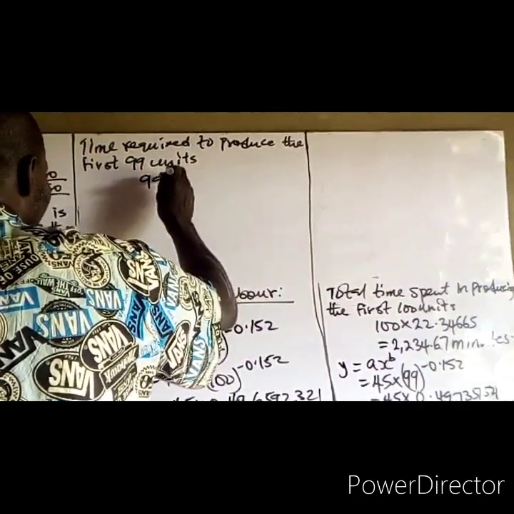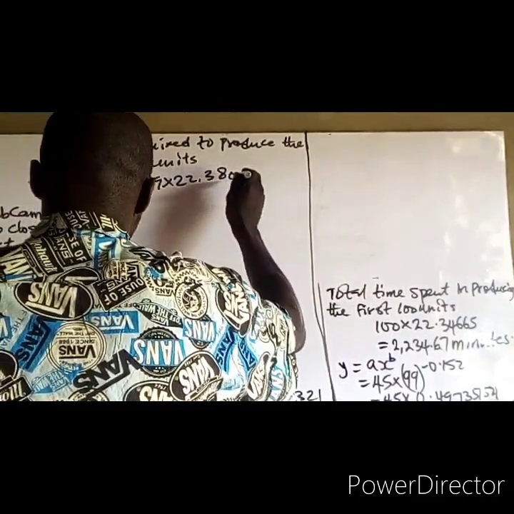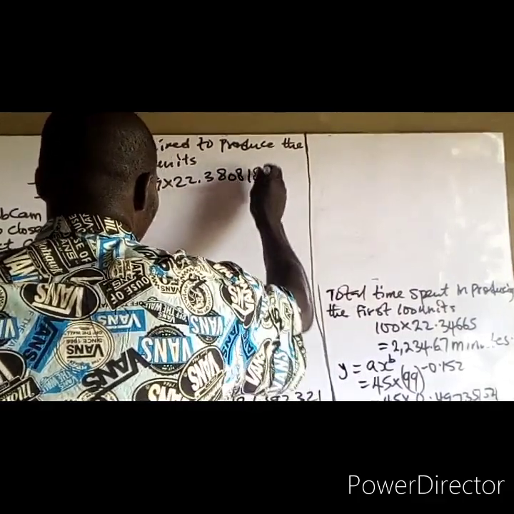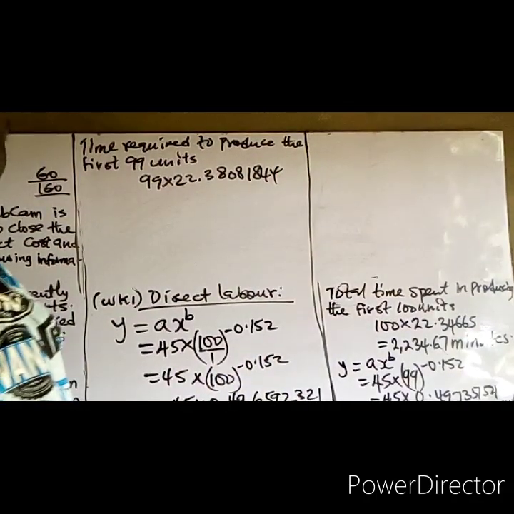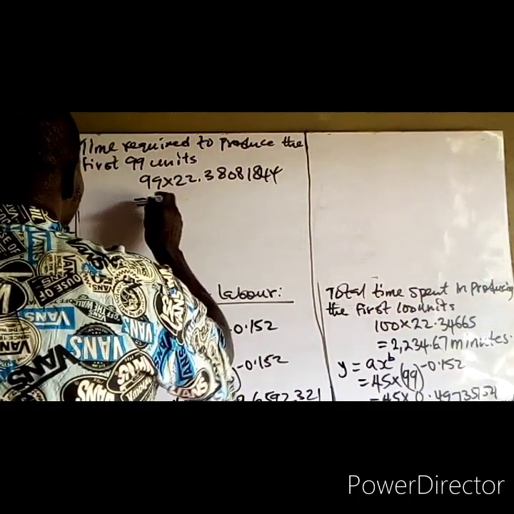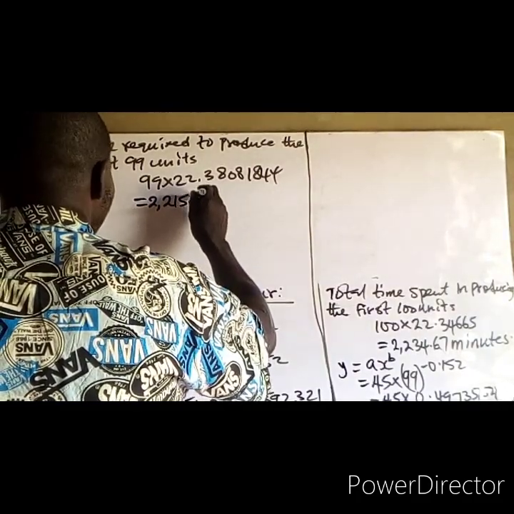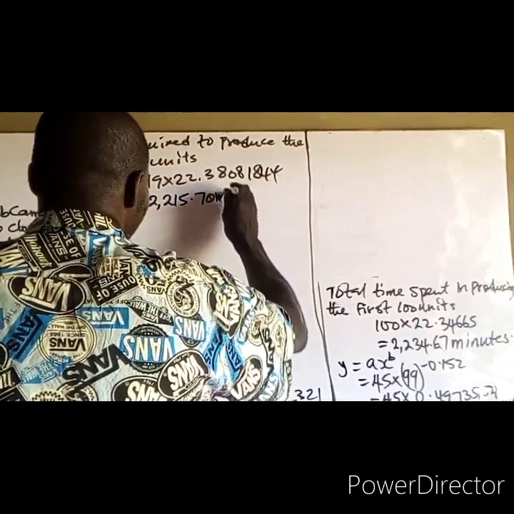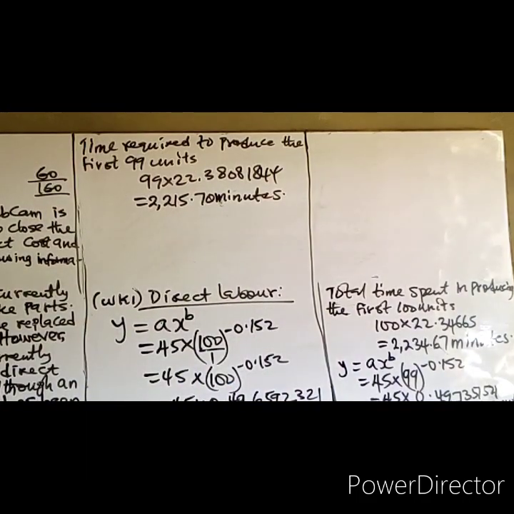That will be 99 times 22.38081844. So times 99, that will give us 2,215.66, or 2,215.70 minutes. That is the time required to produce 99 units.